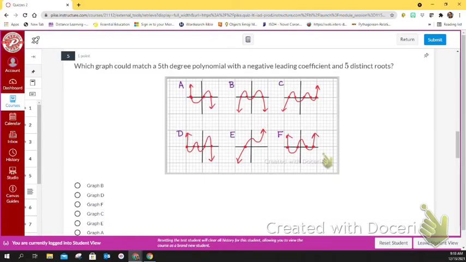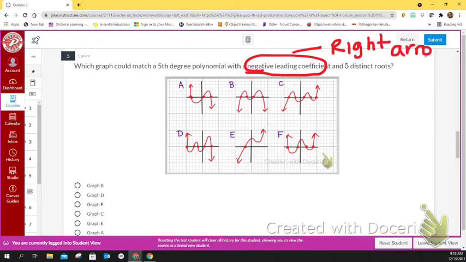So for number 5, it says, which graph could be a fifth degree with a negative? So if it's negative, that means that the right arrow goes down. So the first thing I'm going to do is cross out all of the choices that have a right arrow that goes up.